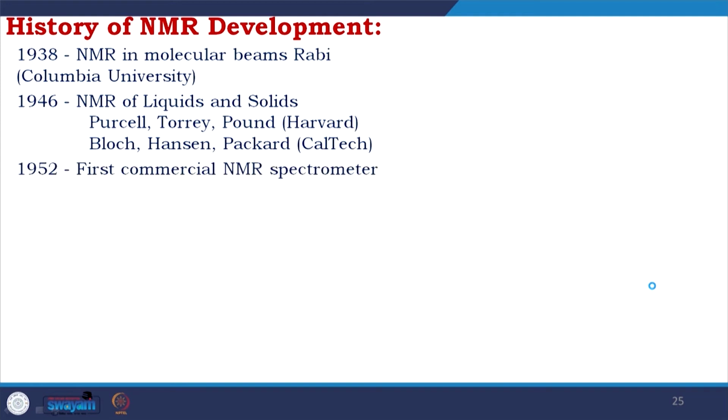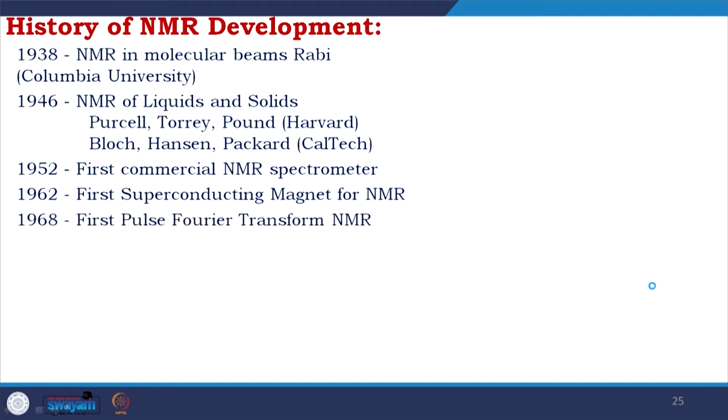In 1952, the first commercial NMR spectrometer was developed. In 1962, the first superconducting magnet for NMR was designed. In 1968, the first pulse Fourier transform NMR, which again revolutionized how NMR works.